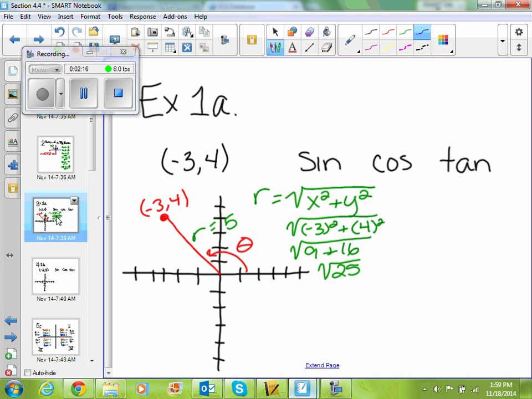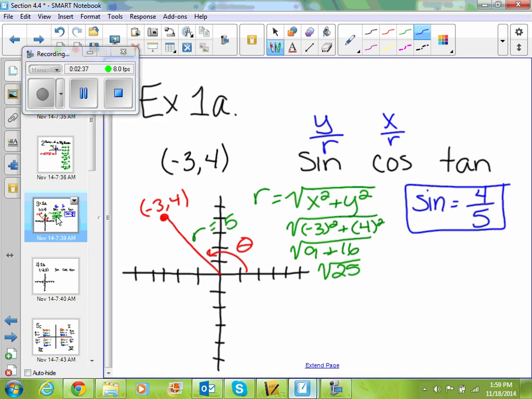So then if I start with sine, sine was y over r, right? Yes, okay. So then I know that my sine value is equal to my y value, which was 4, over my r value, which was 5, so 4/5.